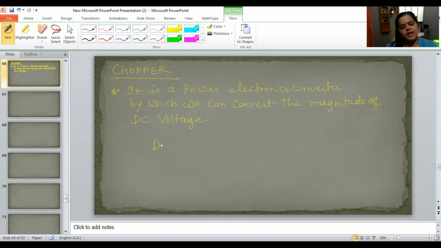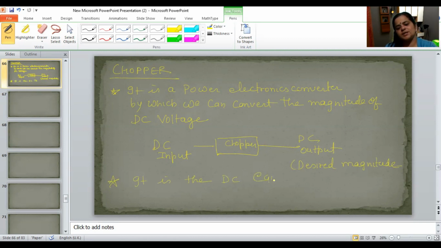Means in case of a chopper, the input is DC, and the output is also DC but with the desired magnitude. It is the DC equivalent of a transformer, because it performs the same task as the transformer performs for AC.